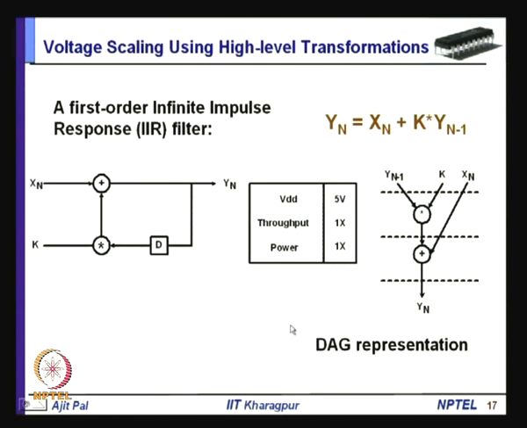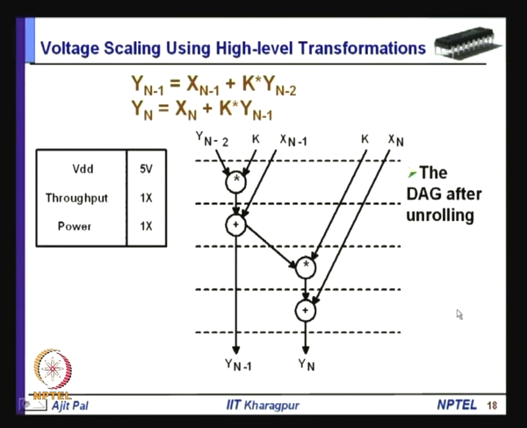Now, let us go to some kind of transformation. What we have done in this particular case, we are computing two outputs simultaneously, by using a technique known as loop unrolling. So, loop unrolling is a very useful technique that is used in many situations.